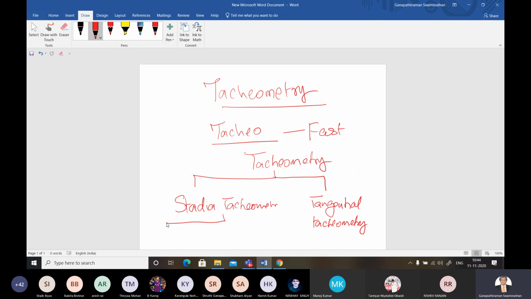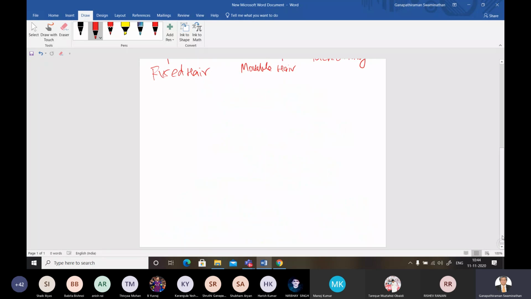The stadia tachometry, you have got fixed hair and movable hair. Then the movable hair, you got horizontal and then the vertical. So these are some of these things.